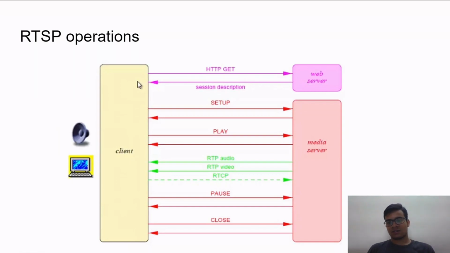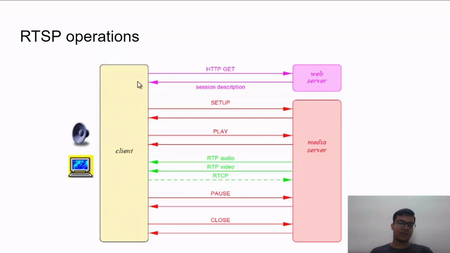Here you can see the flow of how RTSP and RTP work. First of all, a traditional HTTP request will be sent from the client to the server, and after that the client will send a setup request using the RTSP protocol. In that request, the server will reply to the client that it has received and processed that RTSP setup request.